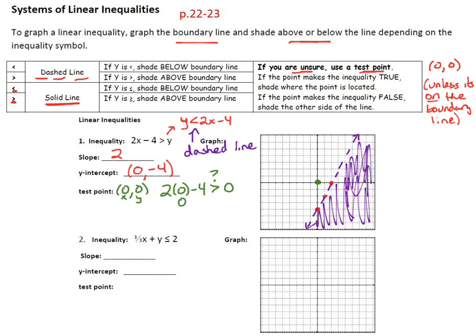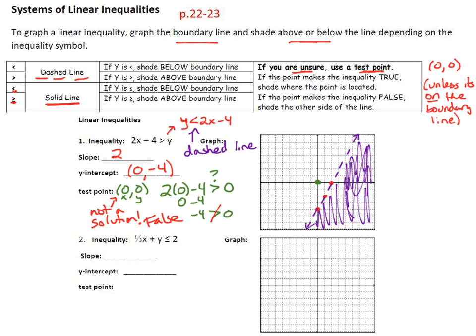Well, 2 times 0 is 0, and 0 minus 4 is negative 4. Negative 4 is not greater than 0. That's a false statement. So 0, 0 is not a solution. So 0, 0 should not be shaded, which it's not. So that means I shaded correctly.